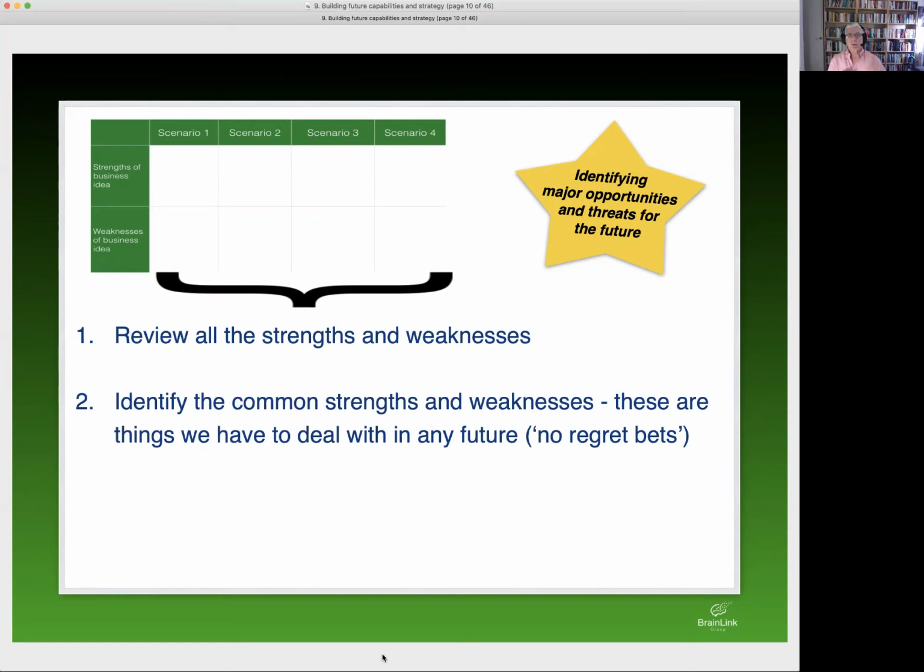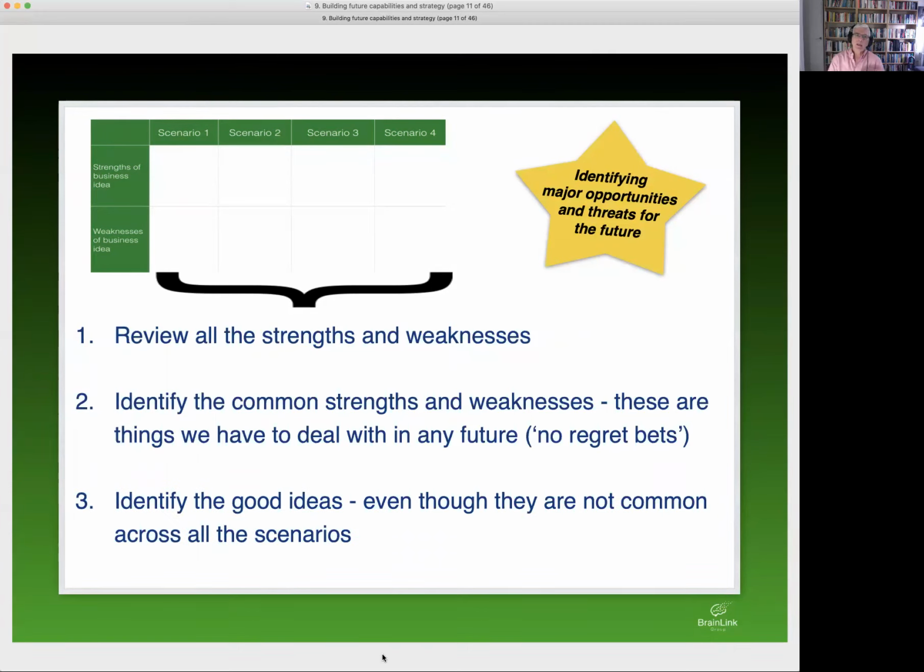So if it's a strength across all futures, then that's something we need to continue to invest in and perhaps improve and refine and build. And if it's a weakness across the various futures, then clearly this is a capability we need to enhance or change or get rid of, because we're going to need to do that under any of the futures. And that's why we call it the no regret bet.